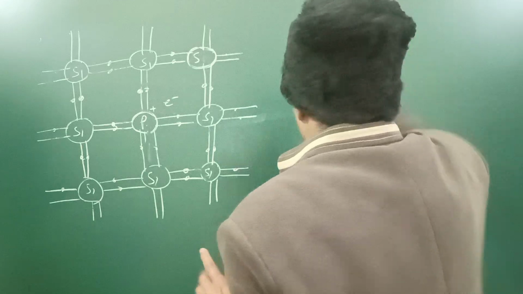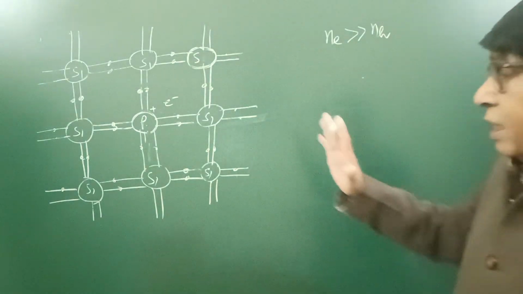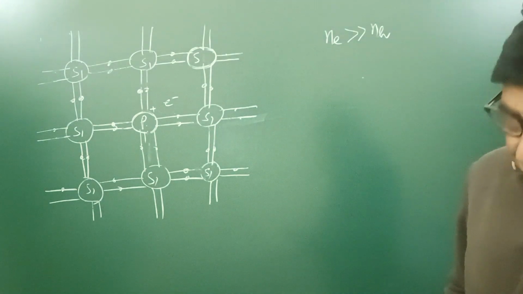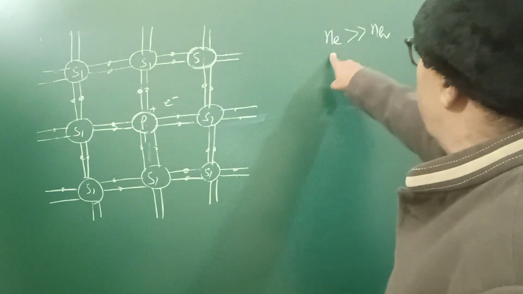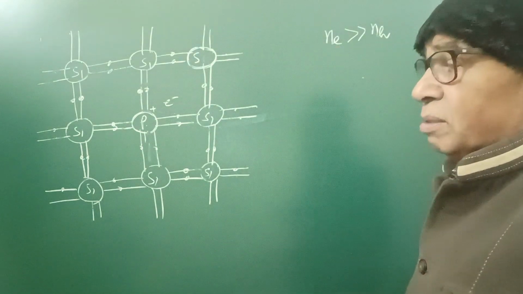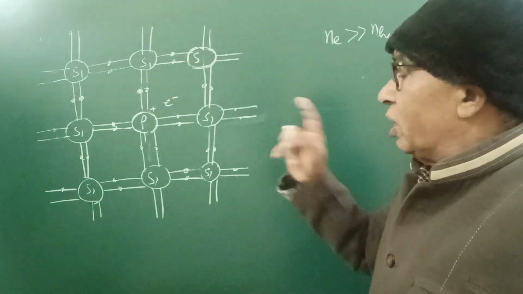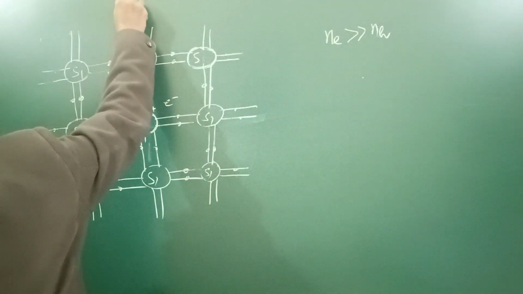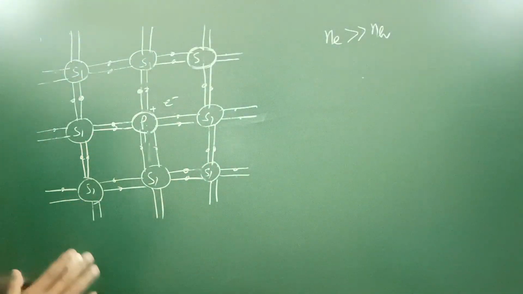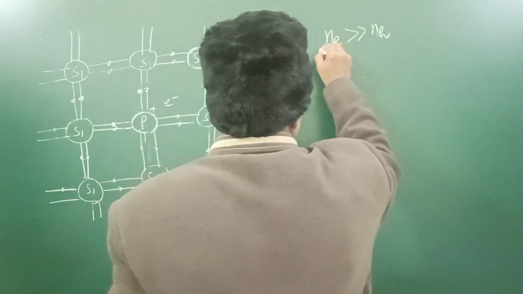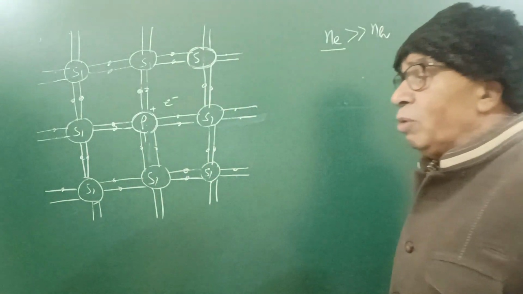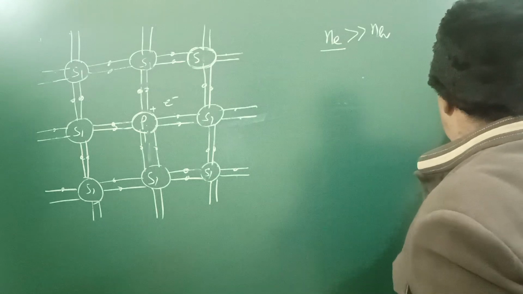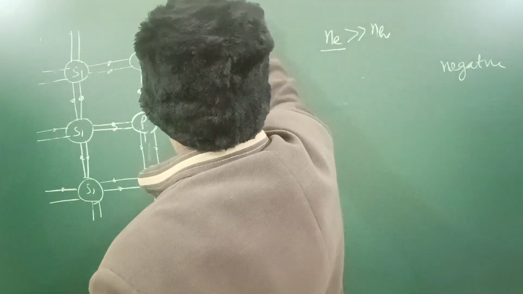I will tell you in one example numerically that in case of this semiconductor, when we dope silicon with pentavalent, number of electrons is very much greater than NH, and therefore conductivity of this N-type semiconductor is totally due to electrons which are negative charge carriers. Negative. The word is negative charge carrier. We call this N-type semiconductor.